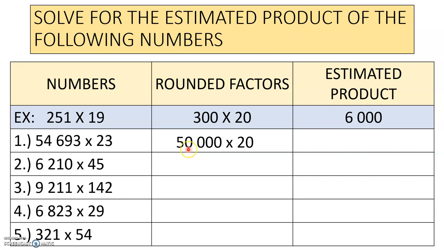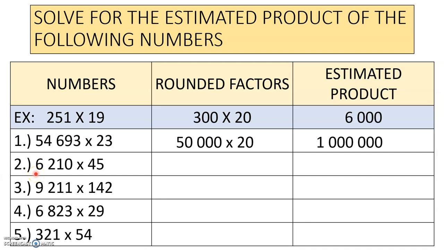And then count the zeros, 1, 2, 3, 4, and then 5. And then 5 times 2 is 10. So, ito yung 5 zeros, 1, 2, 3, 4, 5. And then, ito yung 10. So, the estimated product is 1 million.